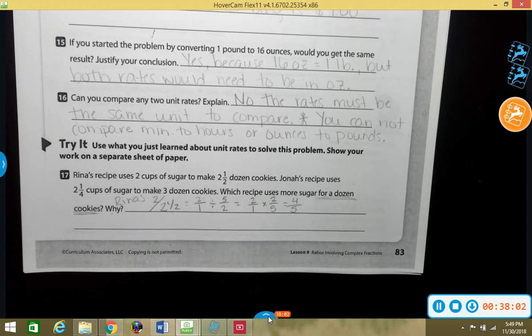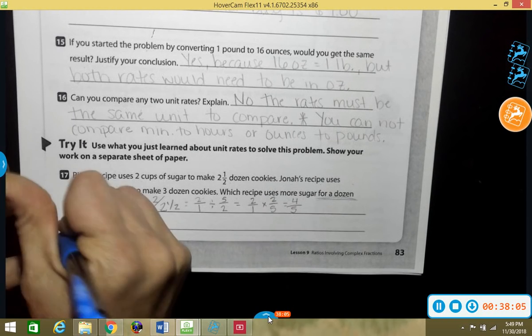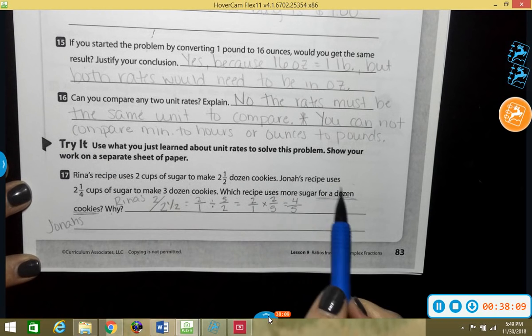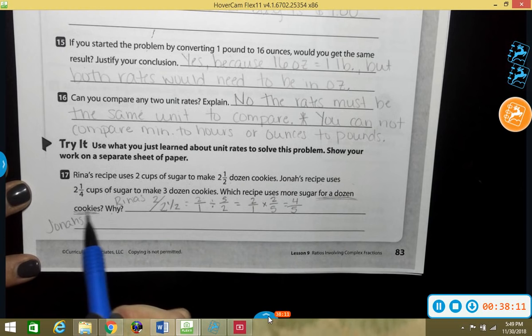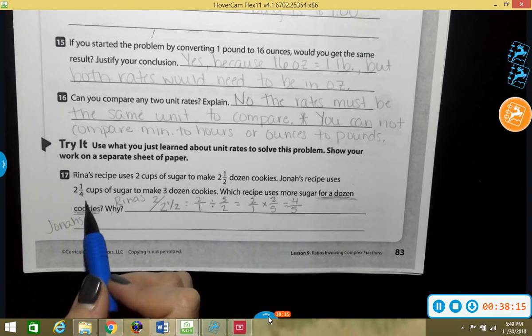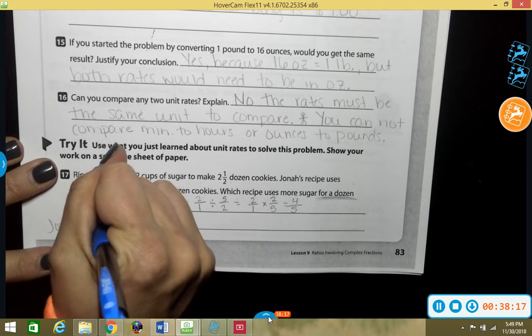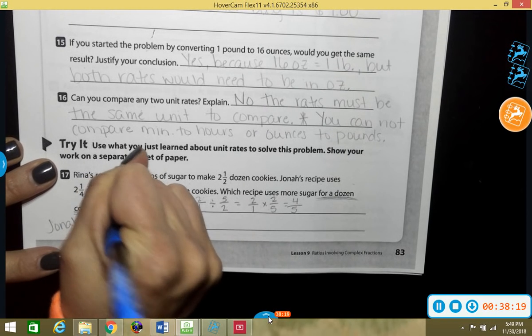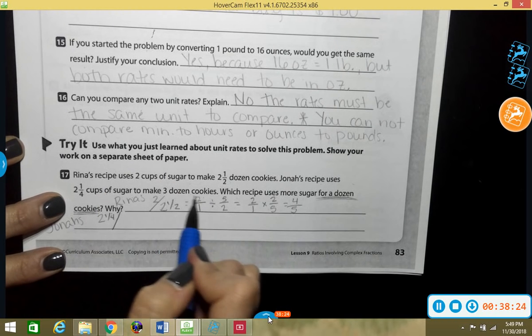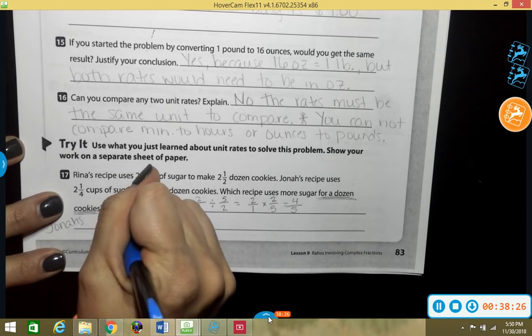And so now let's look at Jonah's. Again, we're putting the amount of cookies in the denominator. His recipe uses 2 1/4, so 2 1/4 is going to be in the numerator, and in the denominator it's going to be how many dozen cookies it makes, so 3.